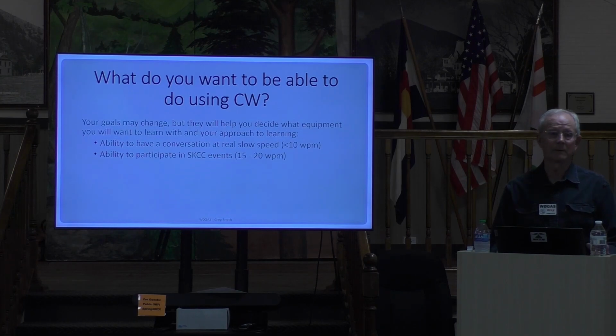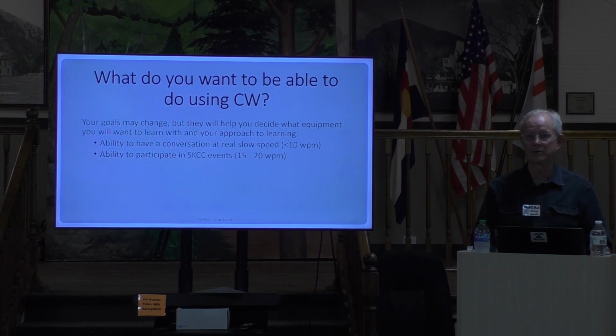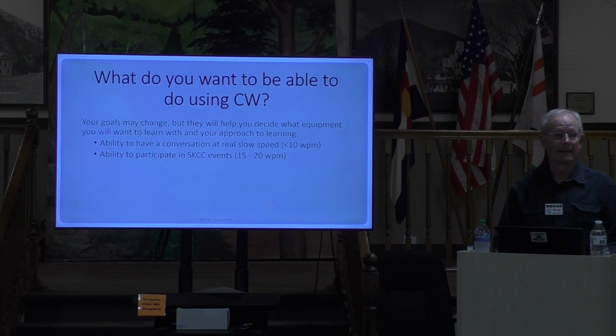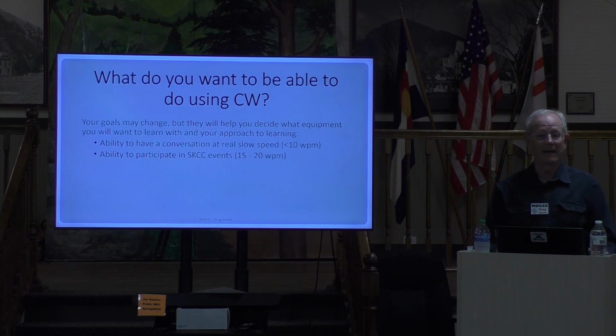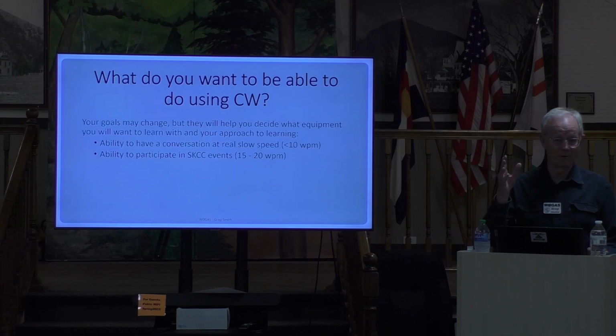Maybe you want to be able to do a little faster than that and work these Straight Key Century Club events. Straight Key Century Club is a wonderful organization for amateur radio and for the CW operators. They have all sorts of events. They have a program where you try and work, I forget how many people, maybe it's 100 people, and then you get a suffix you can add on to your Straight Key Century Club number.